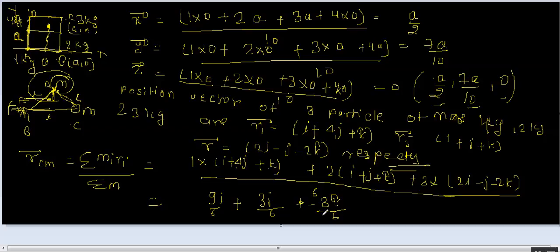If you look at this carefully, we get 1 by 2 of (3i plus j minus k). So this is the position vector of the center of mass.